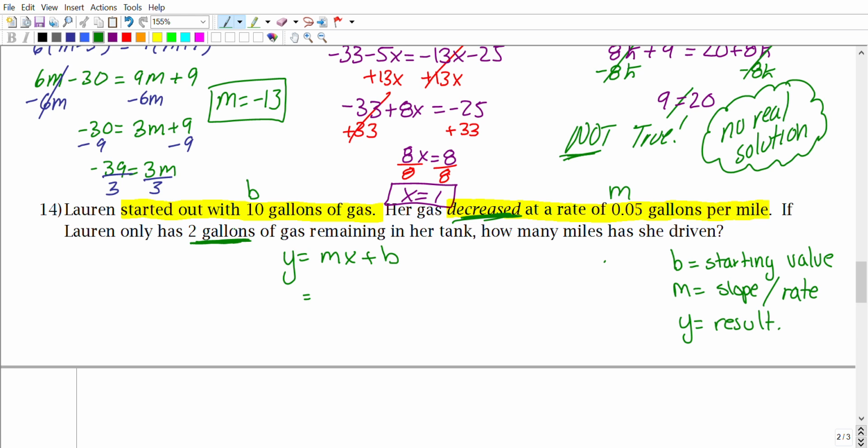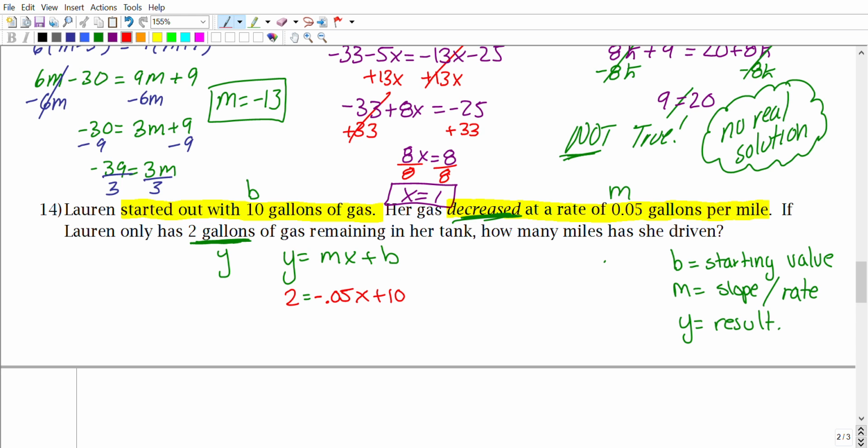That's your result after spending all that gas. So I'm going to call that my y, okay? So let's go ahead and substitute all these values in here. So I get 2 equals, my slope was 0.05, but it's a negative because it's going down. And we're looking for that x because we have our b. Our b is 10, okay?